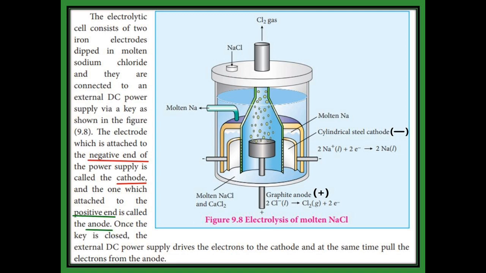The gas is expelled from the anode side, and the sodium we get from the cathode side. The electricity is passed when the key is closed. The electricity we pass is a DC power supply, which drives the electron to the cathode and at the same time takes the electron from the anode.